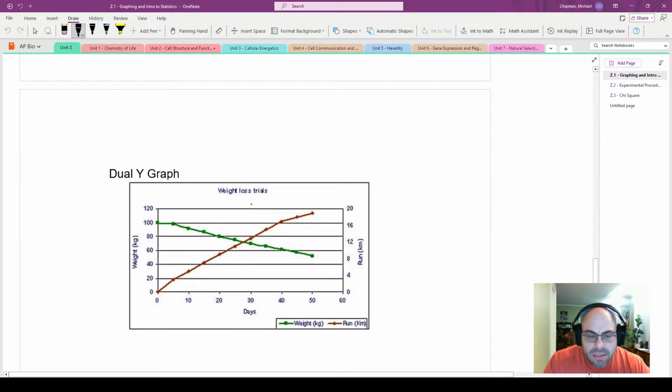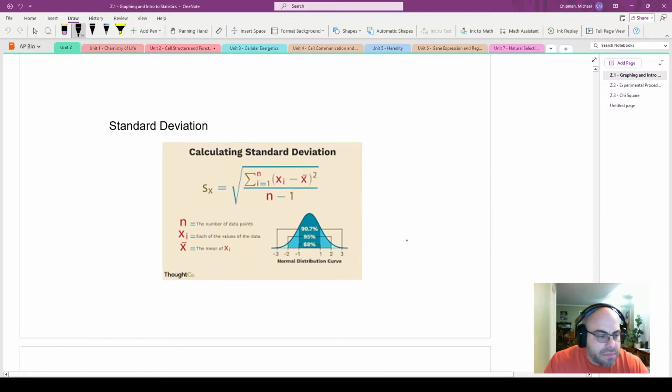Dual y-axis, or the dual y-graph, shows you two different dependent variables based on a single independent variable. Definitely have seen these, and sometimes you'll see these associated with the three-dimensional graph. If you remember, I gave you a practice problem, it's been a while now, where it was three-dimensional. And I forget what it was about, like pollen and flowers or something.